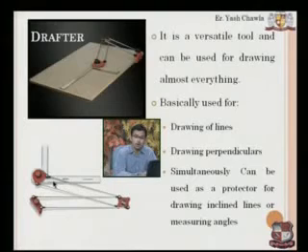So if you want to draw an inclined line, say at 30 degrees, we can just mount this particular scale and turn it to 30 degrees on the scale that is given, and then keep it there and draw as many 30 degree lines parallel to one another as we want on the sheet. Moreover, if you want to measure an angle of 45 degrees, then I can keep one of these open and take my reference line and take the angle and mark it here. So simultaneously I can do a lot of things with this particular instrument.